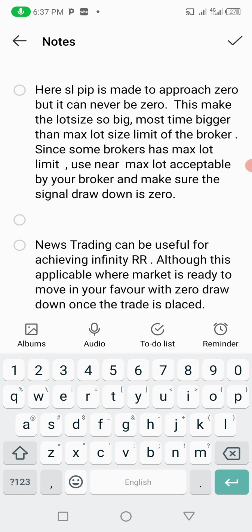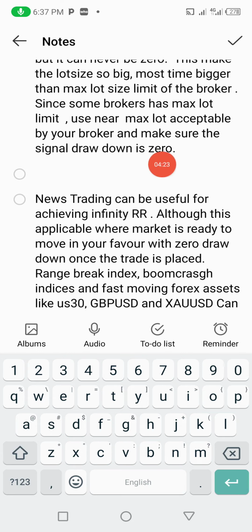Since some broker has max lot limit, use near max lots acceptable by your broker and make sure the signal drawdown is 0. So you don't want to be trading a signal that has a drawdown. No matter how small that drawdown is, immediately you place that trade, it should be in profit.